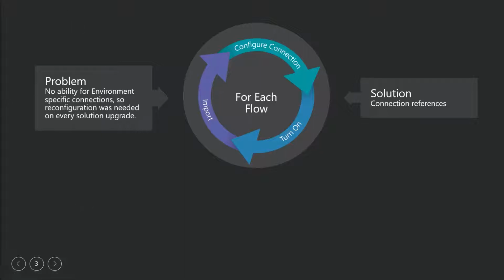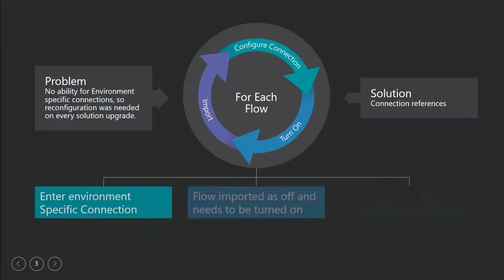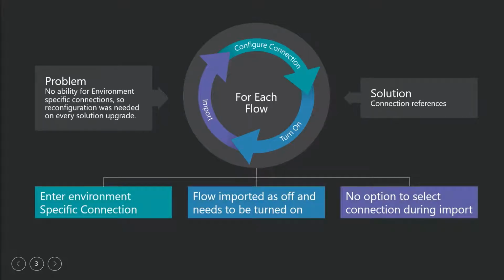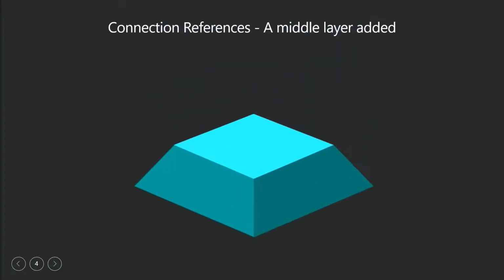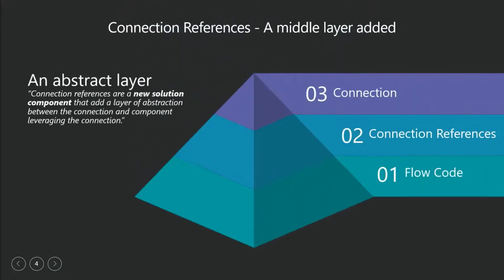for each flow. The solution offered by Microsoft is connection references, which allow us to address all three areas. We can now enter environment specific connections. We can import the flows as turned on, and we get the option to do all of this while we are importing the solution. And what are connection references themselves?